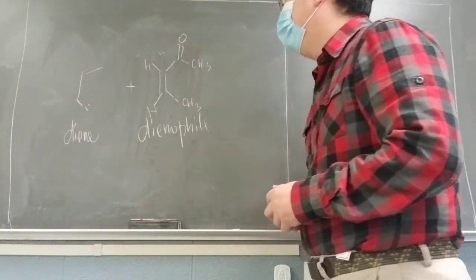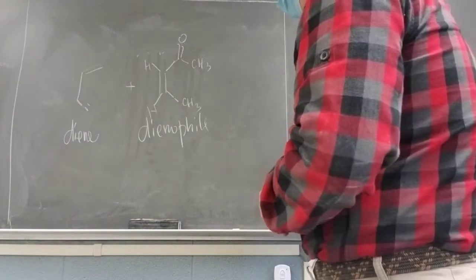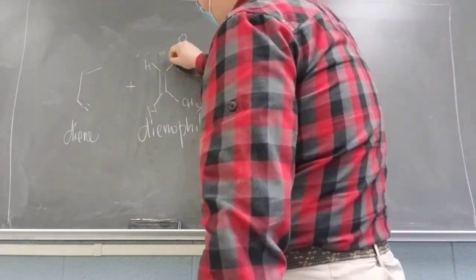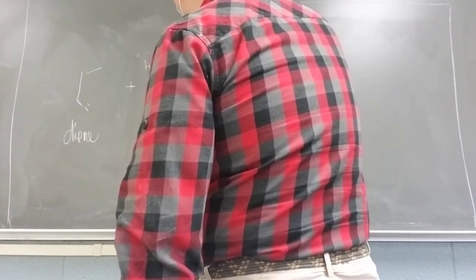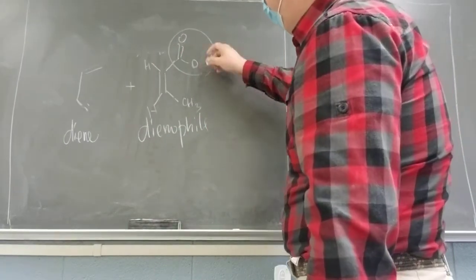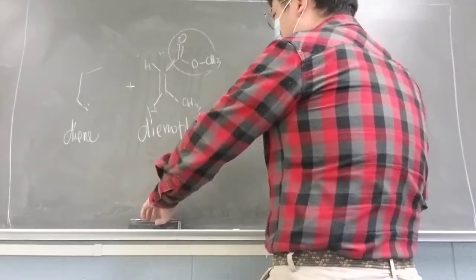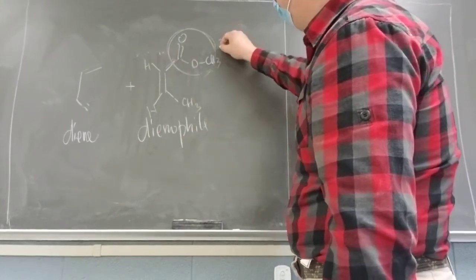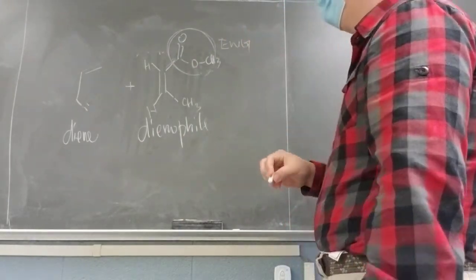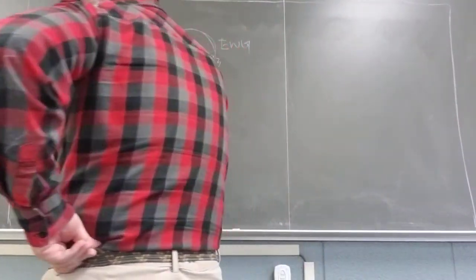We have this type of group over here. Sorry, even better groups over here. And then if that is the case, you have a relatively better dienophile than before because of this group, electron withdrawing groups. So they're going to have a certain Diels-Alder reaction for sure.